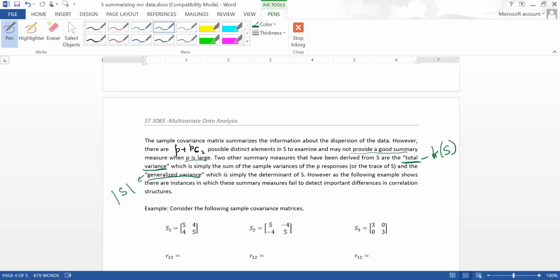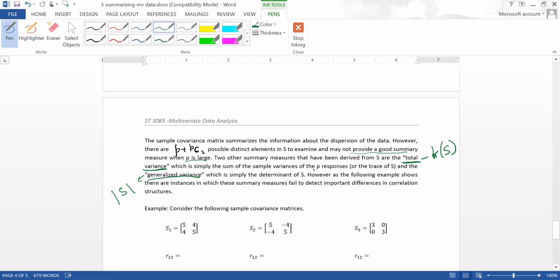It's there in the name: the off-diagonal elements are covariances, and the variances are only along the diagonal. So the trace of S is the total variance of the data. And generalized variance is a generalized value. We cannot directly explain that with the name, but it's the determinant of this matrix S.